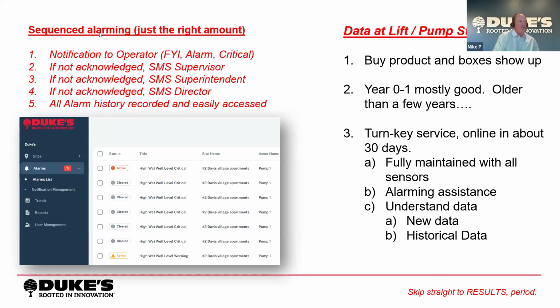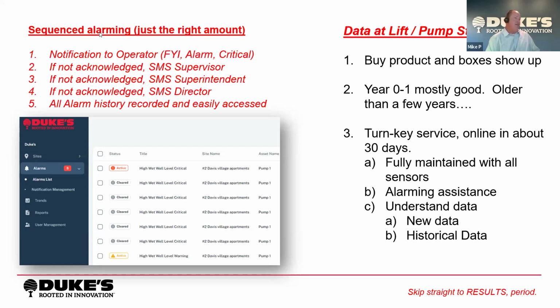There are 3 levels of alarm: a notification, or as I like to say, an FYI, an alarm condition, and then a critical condition. It could be that something happens, let's say a wet well that generally cycles from 3 to 6 feet. The operator wants to know, hey, did it go to 7 feet? It's not an alarm, but it's like, hey, just let me know which ones are kind of out of bounds. That'd just be a notification to the operator. At that point, he can pull out his phone, acknowledge it.